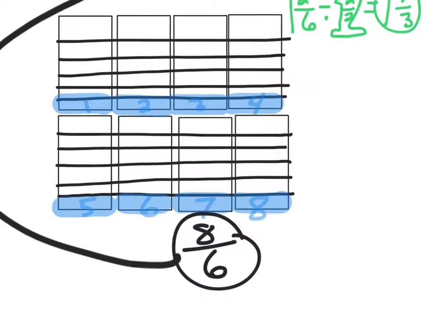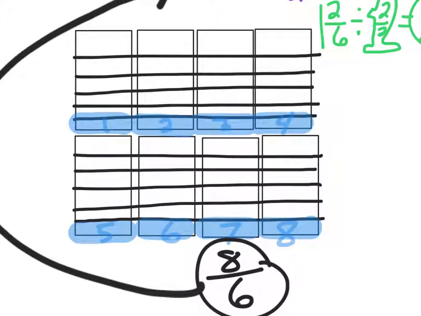All right, so now let's go ahead and look at this and create our mixed number. I'm going to move some of these up here, okay? So first thing I'm going to do is get rid of this one here, and I'm going to move it right up here. Okay, so that's there. Then I'm going to get rid of this one, and I'm going to move it right up here. Okay, then I'm going to get rid of this one and move it right up here.